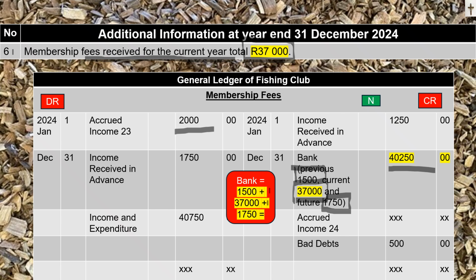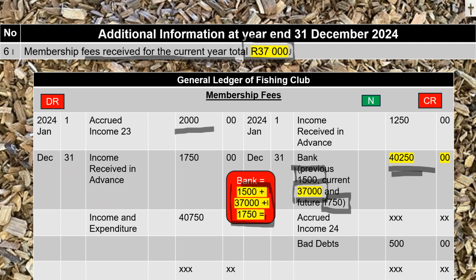37,000 they just tell us was banked for the current year, membership fees for the current year. 1,750 was received from members for next year. You add those three amounts together and you get 40,250.